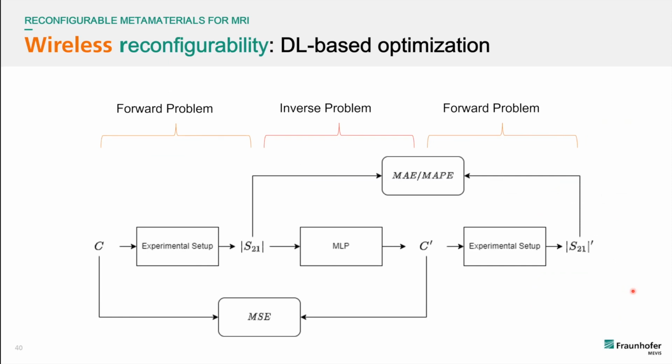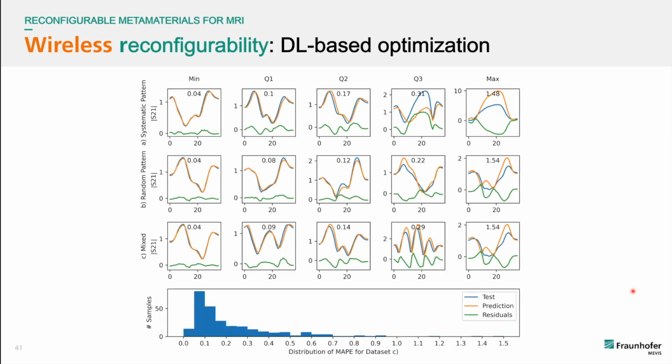So you can provide a certain profile you want to apply, and then the deep learning network learns how to control the metamaterial to exactly get the same profile you want to get, and these are just the results.